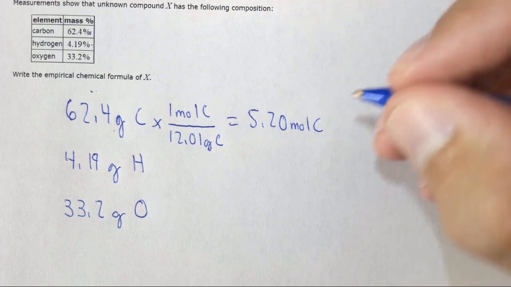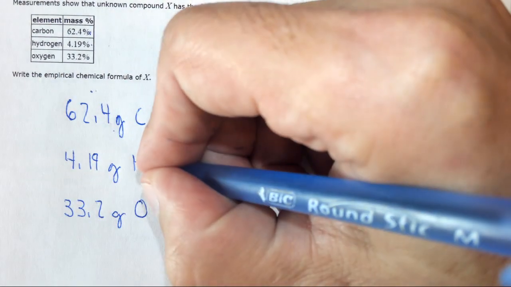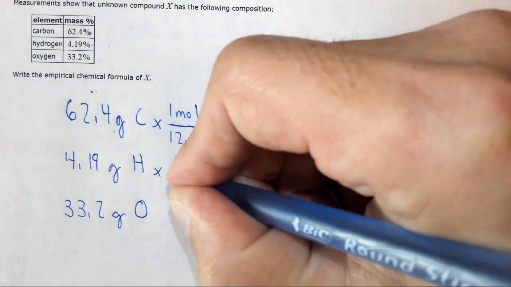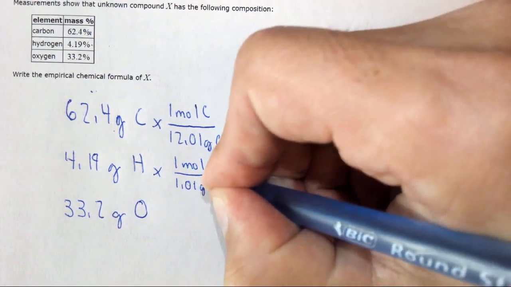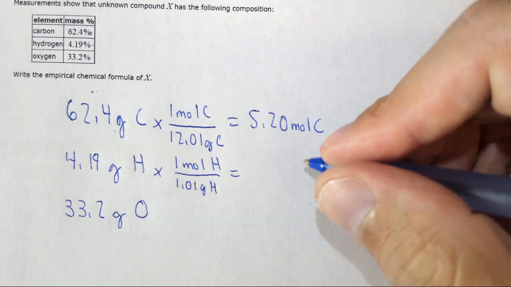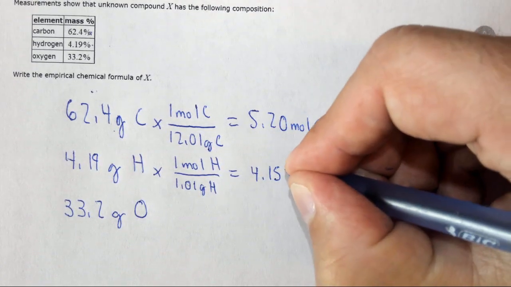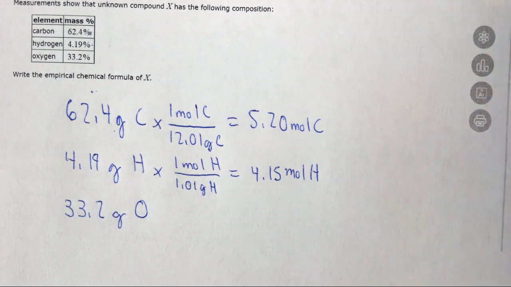I want to do the same thing for hydrogen, times 1 mole of hydrogen per 1.01 grams of hydrogen from the periodic table. And when you do that, you get 4.15 moles of hydrogen.